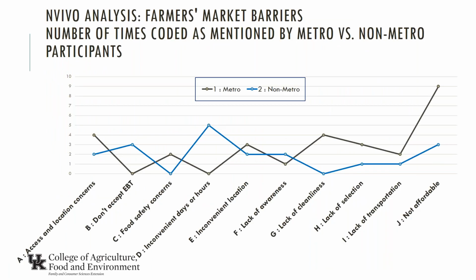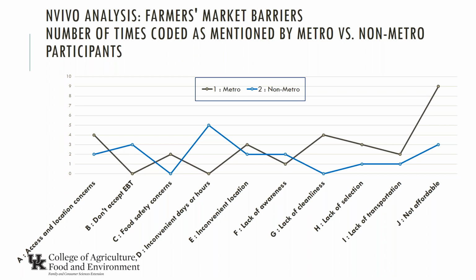So here again, we looked at metro versus non-metro responses and saw some real differences. The concern about days and hours of operation was a non-metro or rural issue. Not accepting EBT, not surprisingly, was much more a non-metro issue.